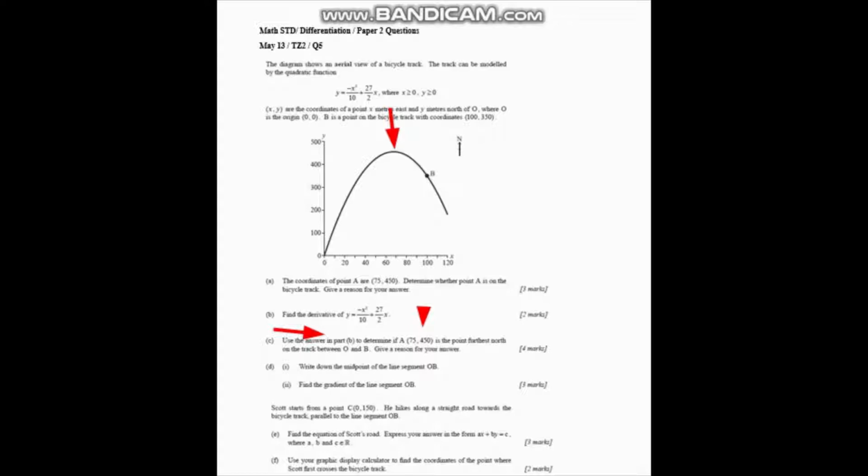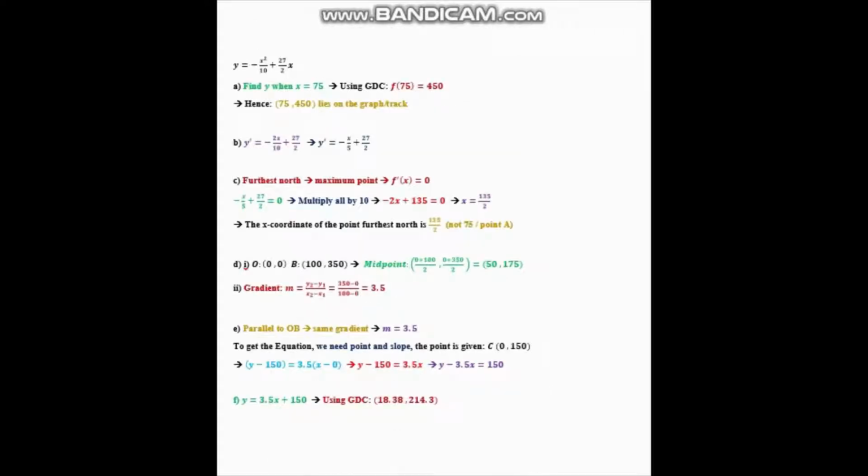So we should know that the derivative function is set to 0 in order to find the maximum point. The maximum point exists when y dash equals 0. So I shall set the expression that I obtained in B to 0 and solve. The algebraic way to do this is to multiply everything by the highest common denominator.